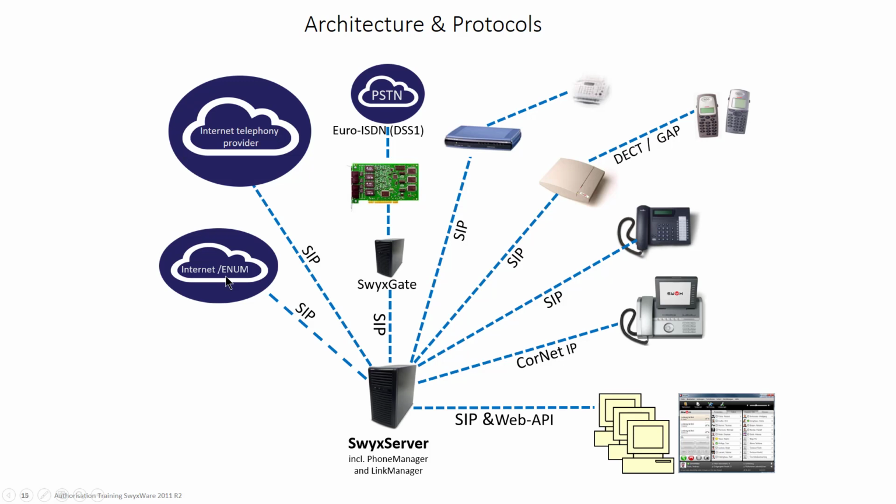ENUM has been around since around 2008. It is a new entry in global DNS servers, and this allows end users to register their telephone numbers, their public telephone numbers, whoever the provider is.